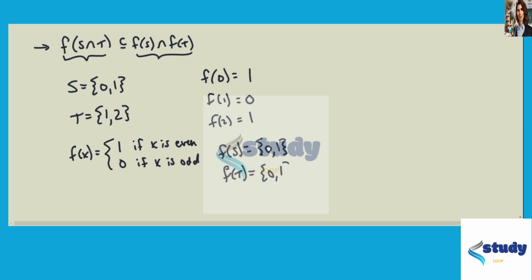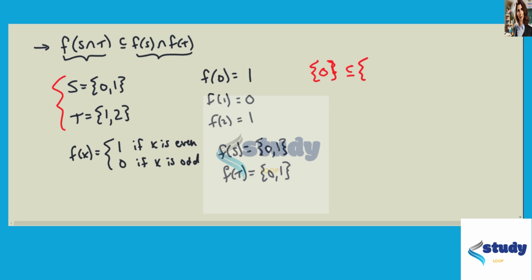And T also has possible outputs of 0 and 1. Okay, so let's take a look, though, at my subset here. On the left-hand side, I want to know the output of the intersection. Well, if I look at these two sets, the intersection only has a single point, 1. f of 1 is 0. So here, the left-hand side is going to be 0.